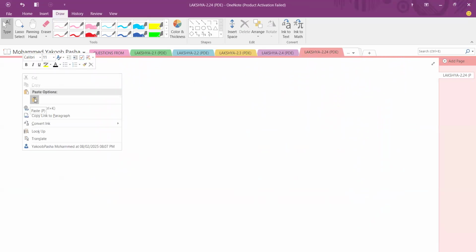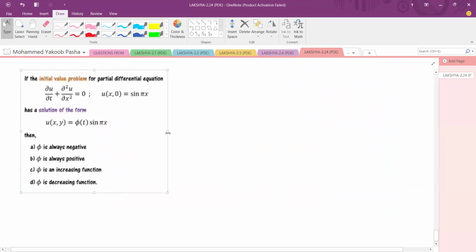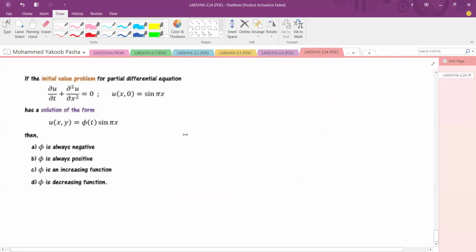I'm pasting it here. The initial value problem for the partial differential equation ∂u/∂t + ∂²u/∂x² = 0, u(x,0) = sin πx, has a solution of the form u(x,t) = φ(t) sin πx.